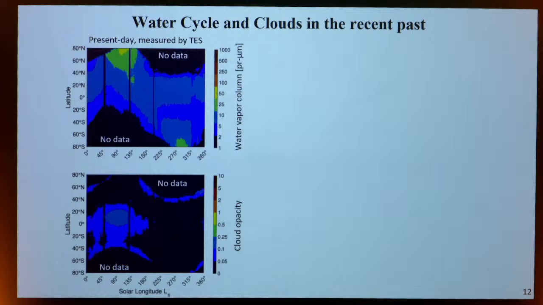You can see that we have a peak of water vapor in the atmosphere, which is consistent with the sublimation of the seasonal ice cap and of the perennial water ice cap, and then the water vapor is transported to lower latitudes. And on the bottom, you have the cloud opacity. You see that we have a peak at mid-latitude, which is the aphelion cloud belt, and elsewhere we do not have clouds, perhaps in the polar night, but we don't have data there.